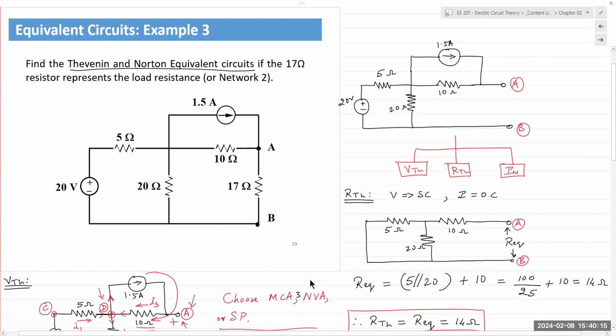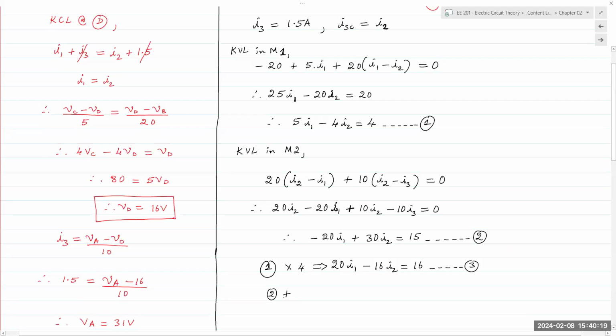Okay. Equation 2 plus 3. And that gives me 14 times I2, 14 I2 equals 31. Right, 14 I2 is equal to 31, and therefore I2 is 2.2142 amps.